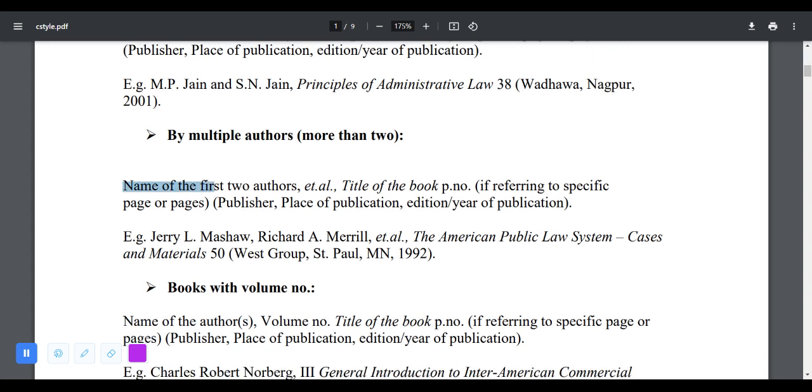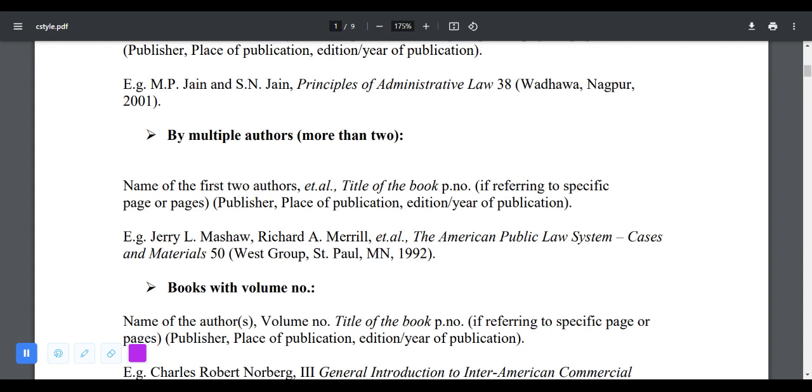Provide the names of the first two authors, like this: Jerry L. Matthew is the first author, then a comma, then the other author, Richard A. Merrill, the second author. Since multiple authors are there and we are providing just two names, after the second author's name you have to provide a comma and then use et al.